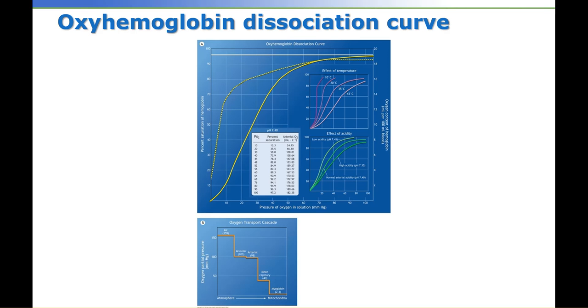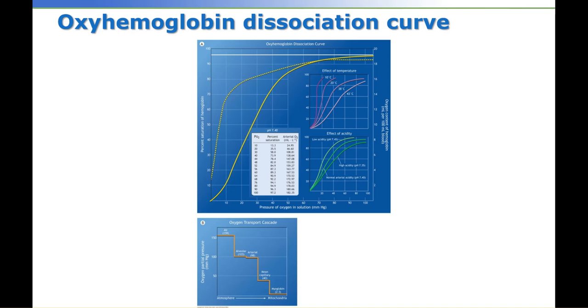And also, an increase in temperature causes the oxyhemoglobin dissociation curve to shift downward to the right to reflect enhanced unloading. So an increase in temperature also causes oxygen to dissociate from hemoglobin.